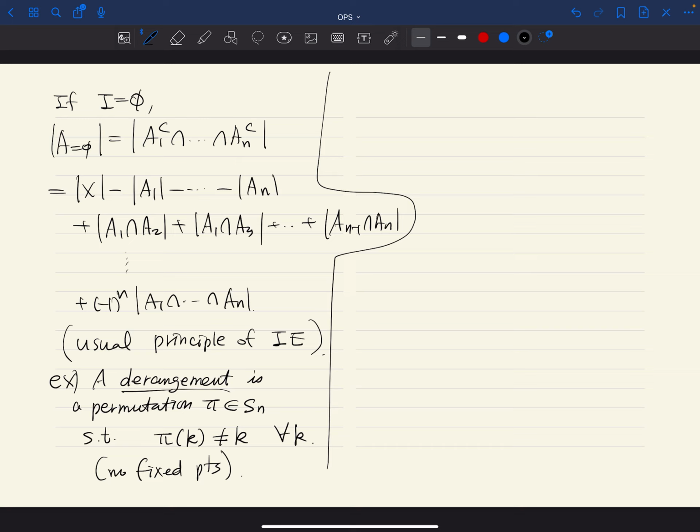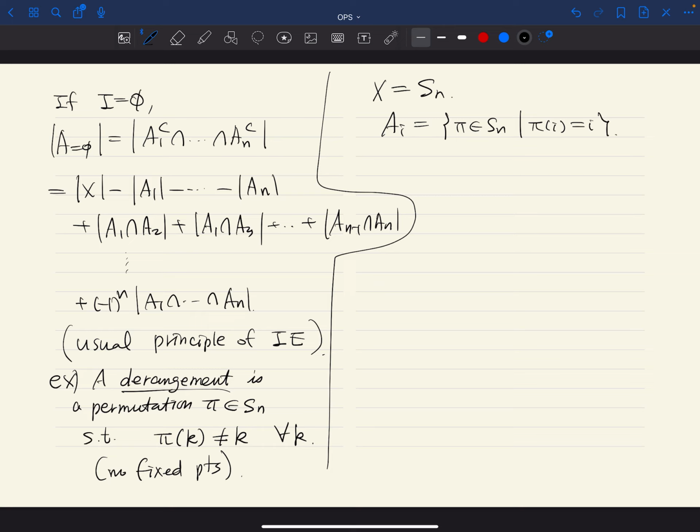So the only thing that we need to do is the setup. The whole set is all permutations, and Ai is the set of all permutations with a fixed point i, as in pi(i) = i.